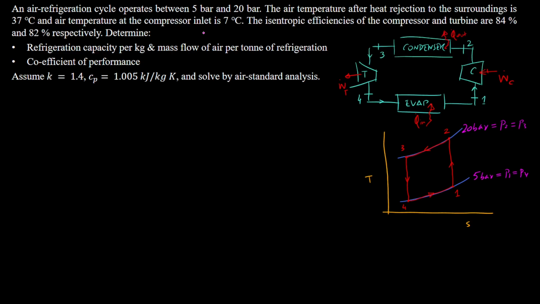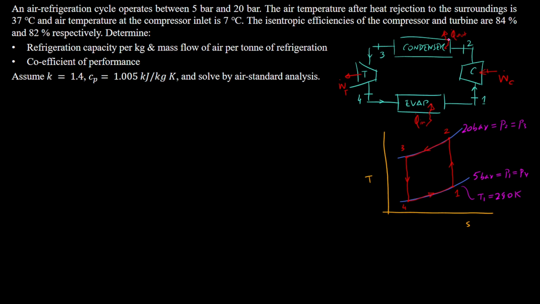Other than that, we've got temperatures given to us. So we've got air temperature at the compressor inlet given to us. Compressor inlet is 1. So that means I've got T1, which is 7 degrees Celsius. So I convert it into kelvins, and that would be 280 kelvins. Then I've got the air temperature after heat rejection to the surroundings.